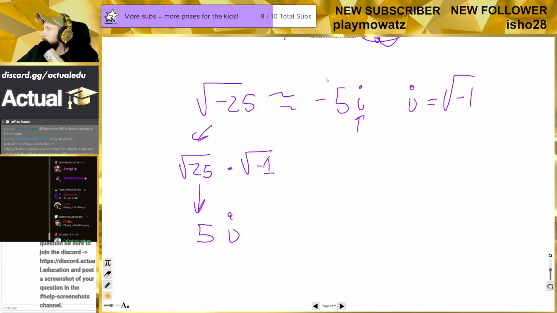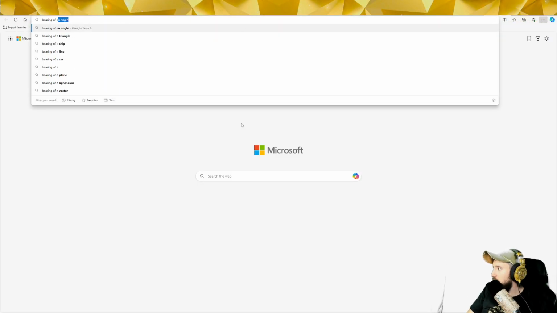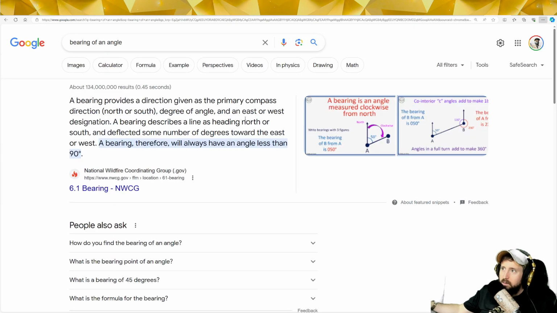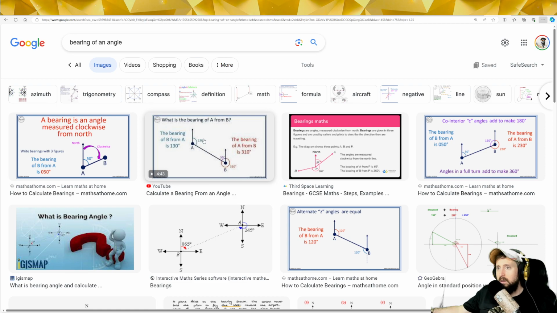It's called bearings of an angle. Bearings of an angle. Okay. Is that like north, south, east, west stuff? Something like that. I really don't understand how you find an answer.